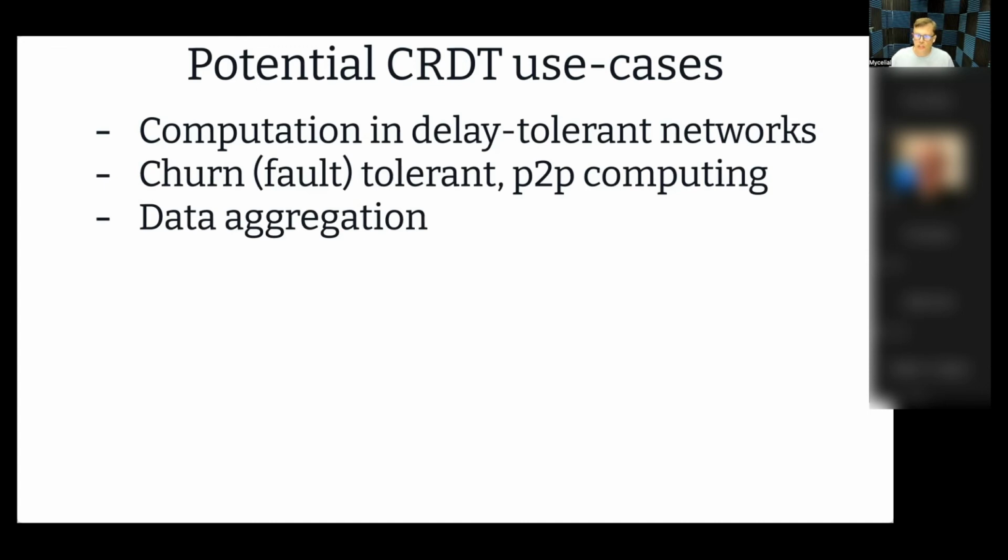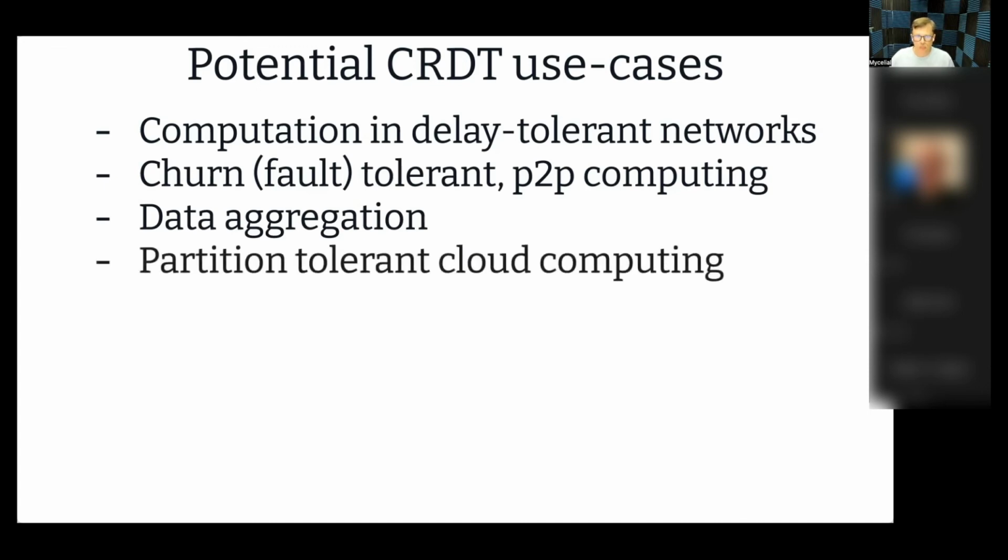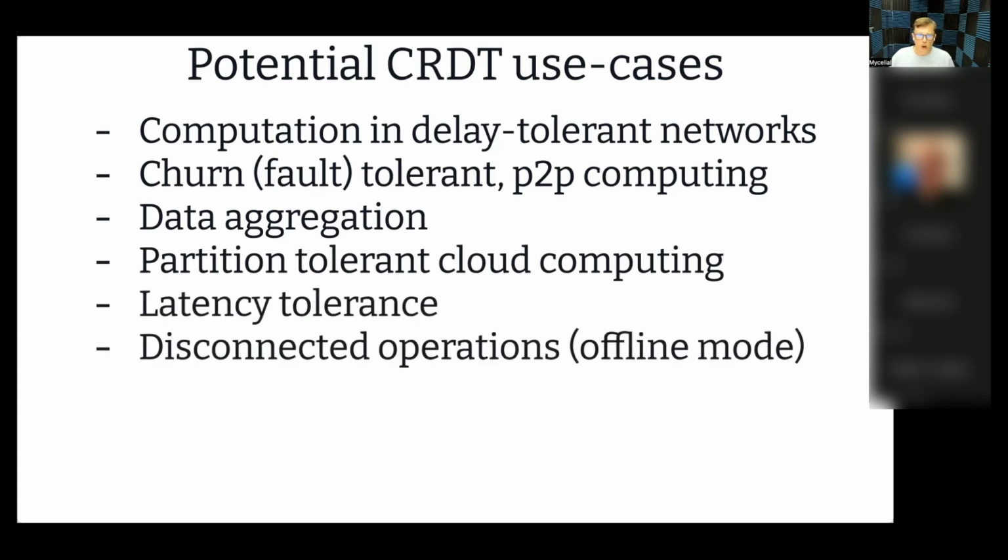Okay, next is partition-tolerant cloud computing. This is essentially favoring availability over consistency in a partition, which is exactly what CRDTs do. And of course, CRDTs have the added benefit of offering strong eventual consistency. A couple of additional potential use cases are latency tolerance in wide area networks and disconnected operations or offline mode.